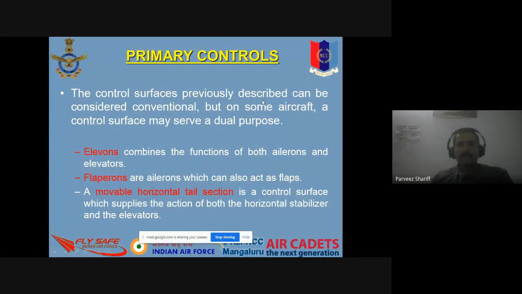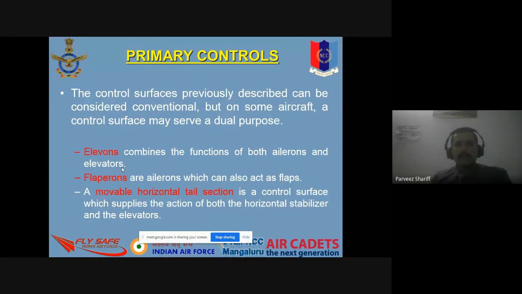The control surfaces previously described are considered conventional, but on some aircraft the control surfaces serve a dual purpose. The dual purpose one is elevons, which combines the function of both ailerons and elevators. Okay. So ailerons and elevators together are combined and called elevons.